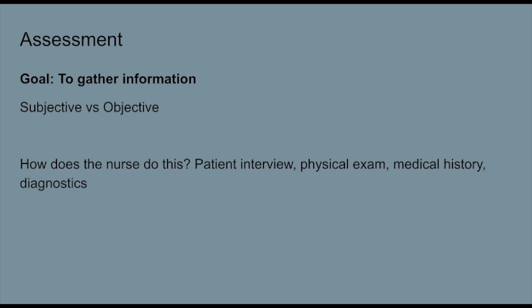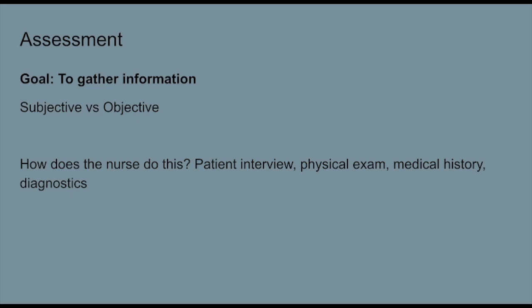So how does the nurse do this in ADPIE? Patient interview, physical exam, medical history, diagnostics. So to get the subjective information, you're going to want to ask your patient questions. When did this start? When did this pain start? Things of that nature. Are you in pain? Rate the pain from 1 to 5. And then physical exam.